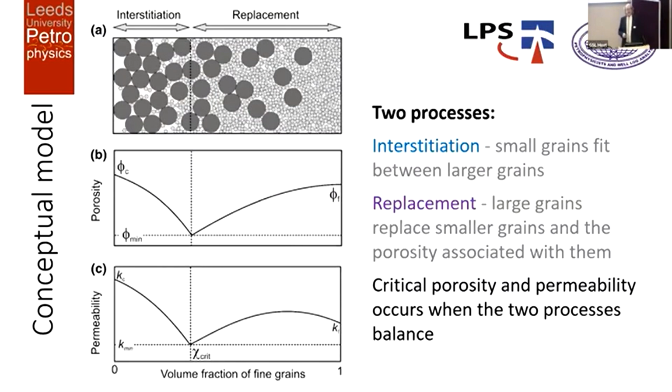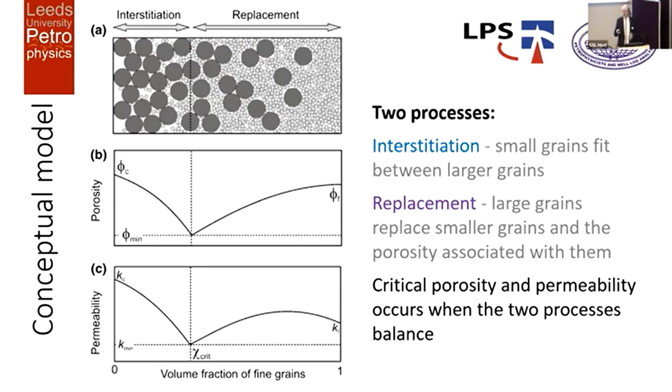And actually, if you look at the porosity from that situation, you get a curve that looks a little bit like this, where you have the porosity of the coarse grains on this side, the porosity of the fine grains on this side, and some ideal packing of the two of them, which is some porosity that is lower than that. And of course, that has an effect on the permeability as well.